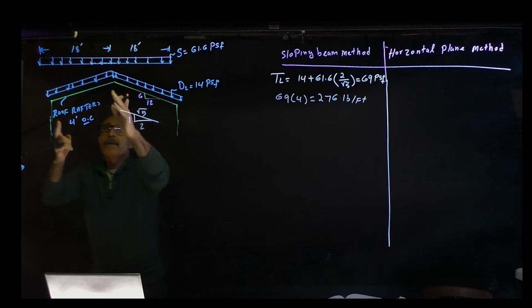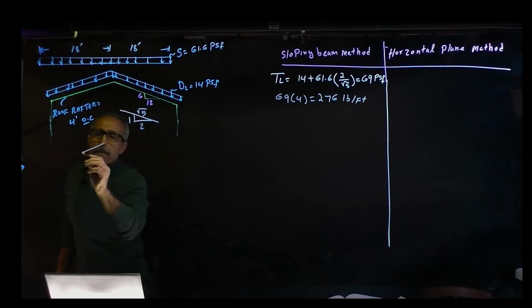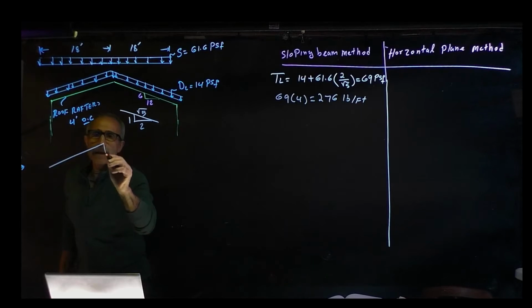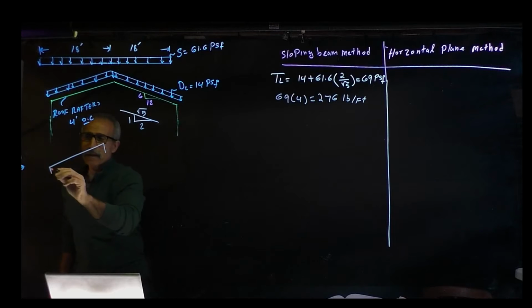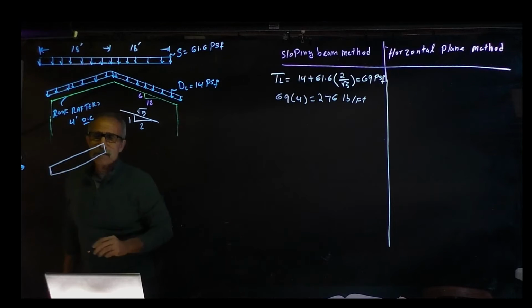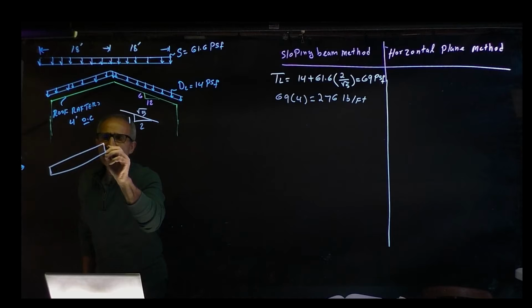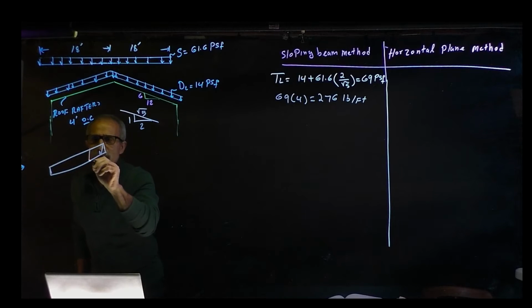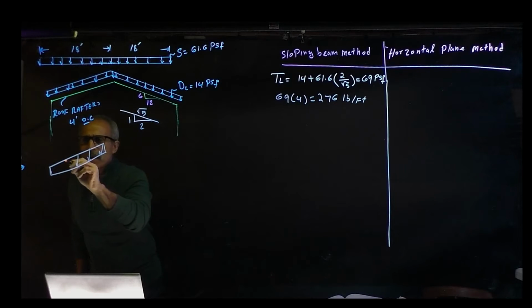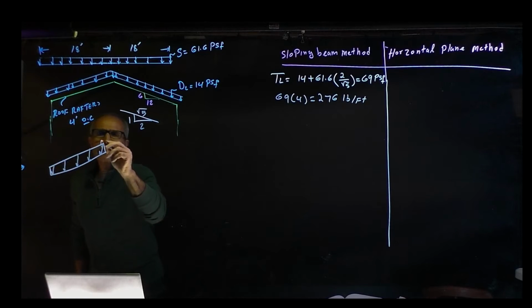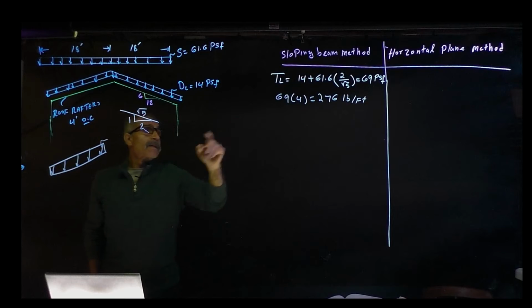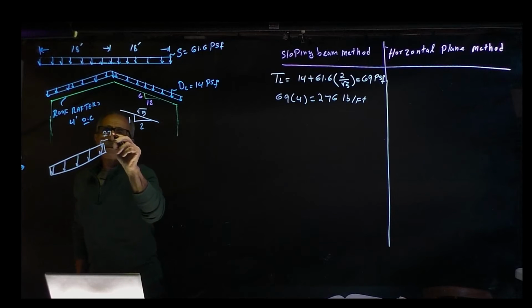So if I go ahead and take that part right here, this is what I'm looking at. The vertical component of this, that is 276 pounds per foot.